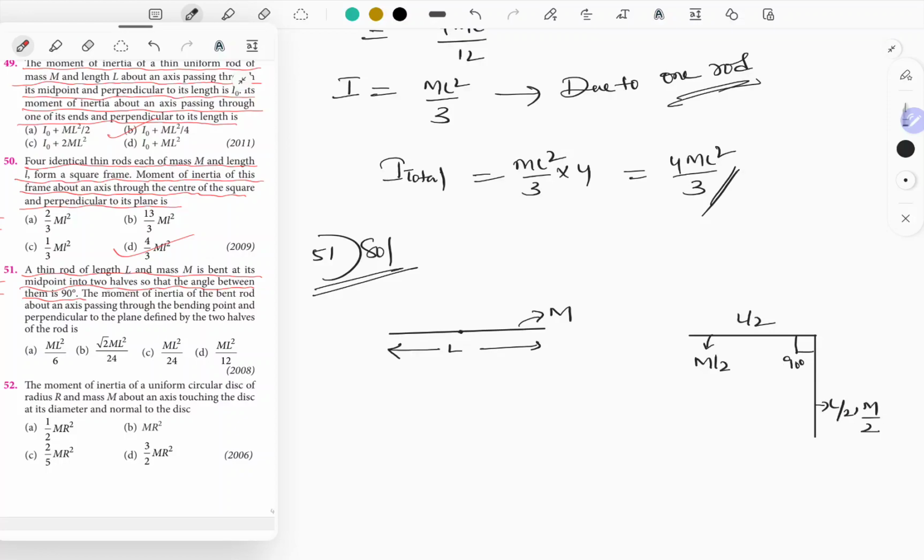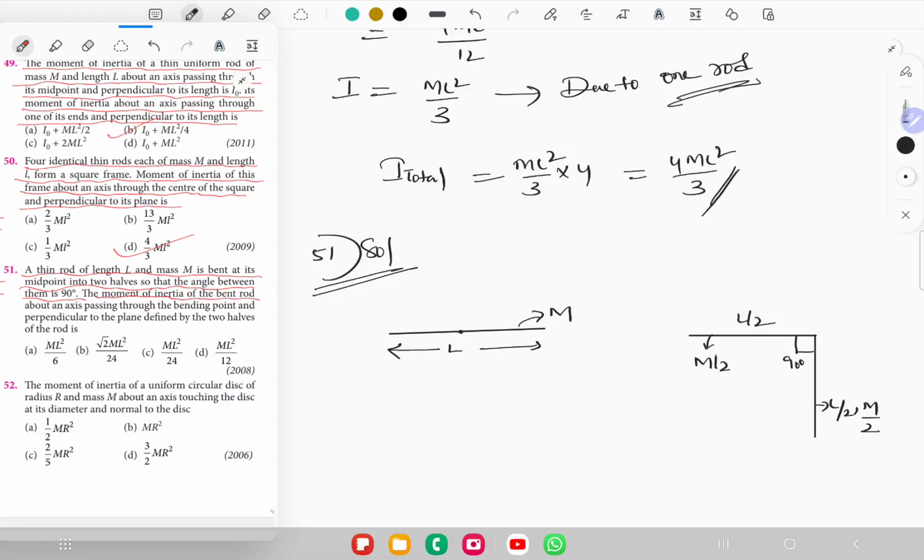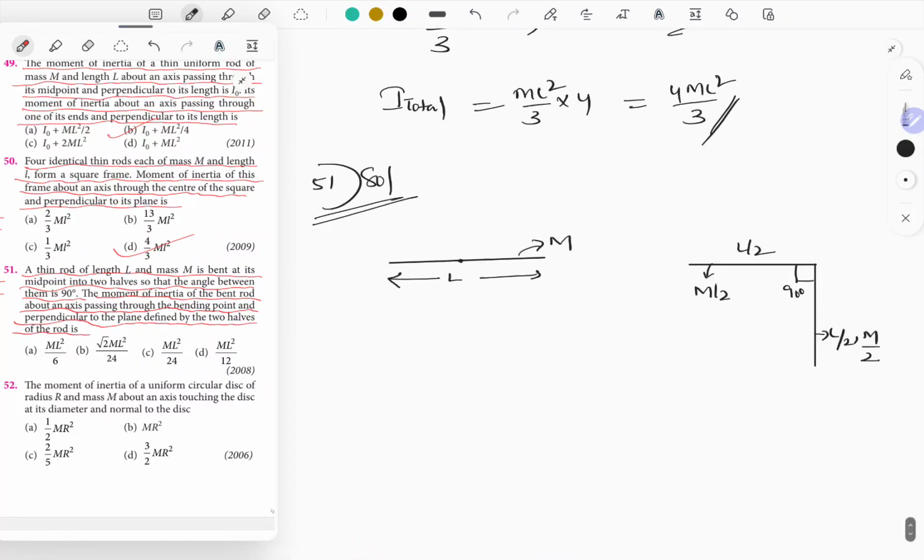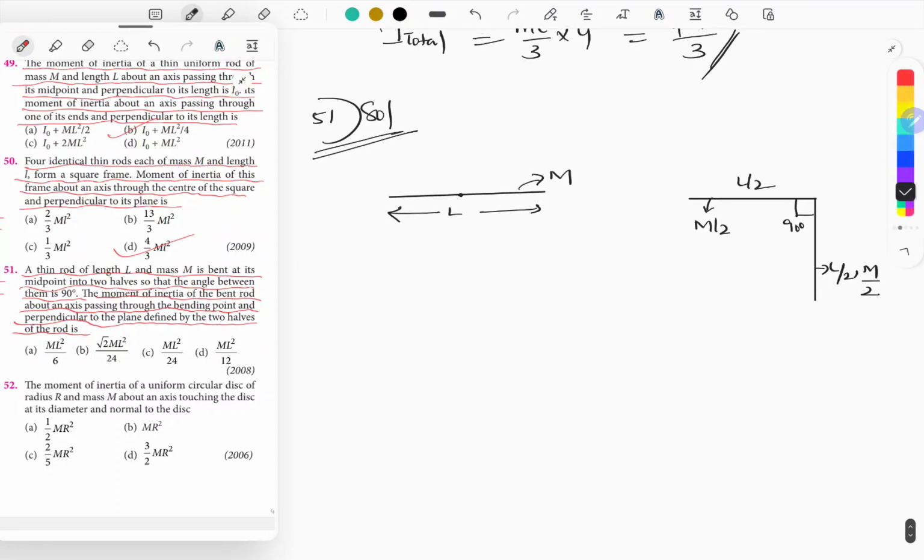Now what's the question they're asking? They're asking the moment of inertia of the bent rod about an axis passing through the midpoint and perpendicular to the plane defined by the two halves of the rod. Let me represent the same diagram. They're asking through this. This is the axis, and this axis is out of the board.